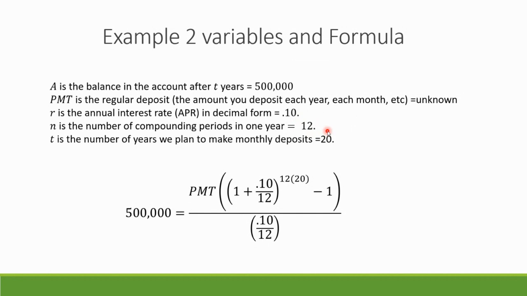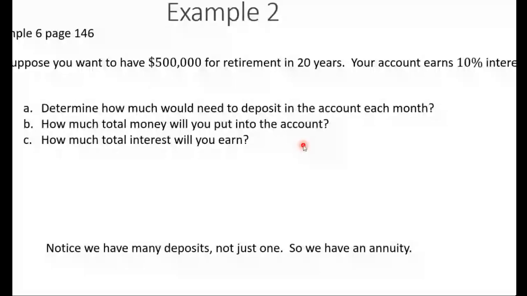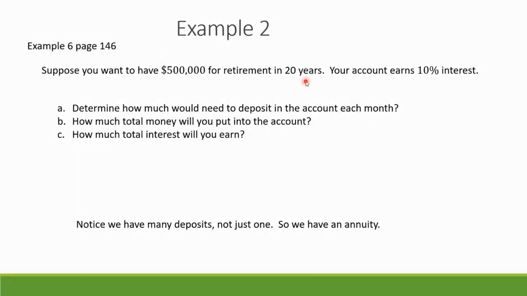We're making monthly deposits, so it's compounded monthly. So in a year it's compounded 12 times, so N is 12. T is how long this is going on for, the number of years we're making deposits, and this is 20 years.